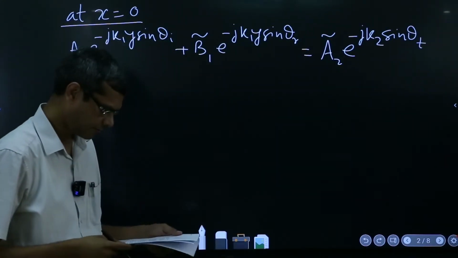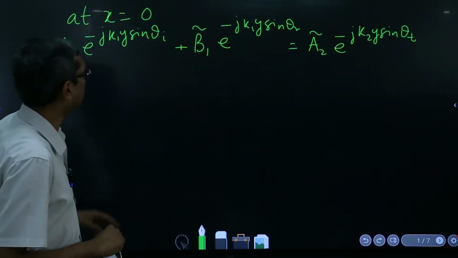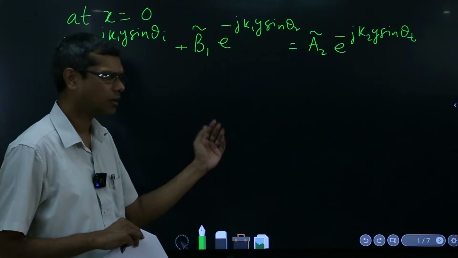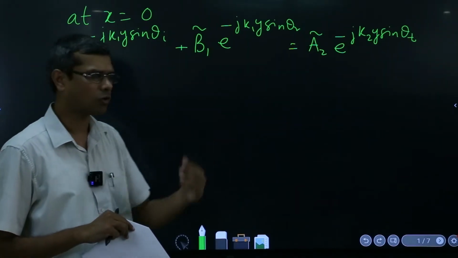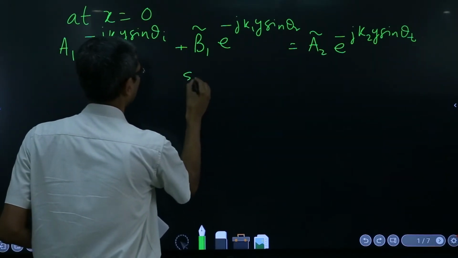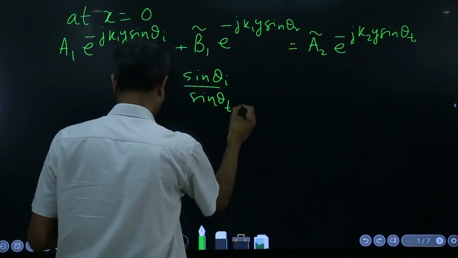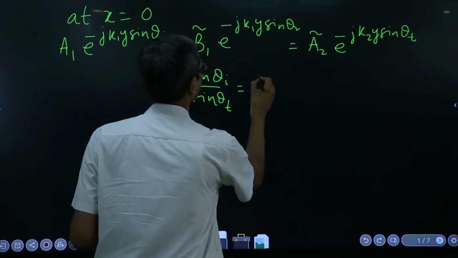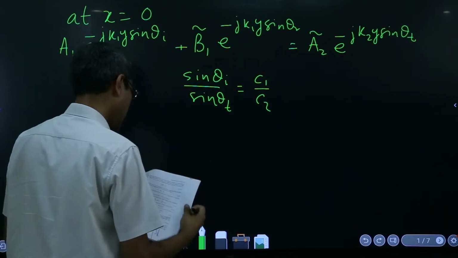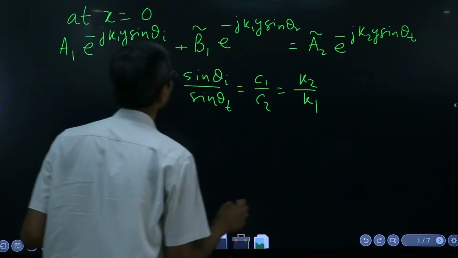Fine. Okay, so now this equation we have got by just writing the pressure balance equation. So, pressure on the left side is equal to the pressure on the right side at the wall. That is how x is equal to 0. But then you have this relationship sin theta I over sin theta t is equal to C1 over C2, and that will lead you to K2 over K1, right.